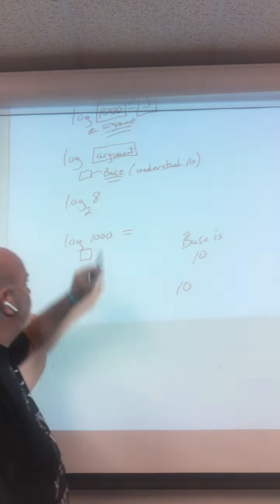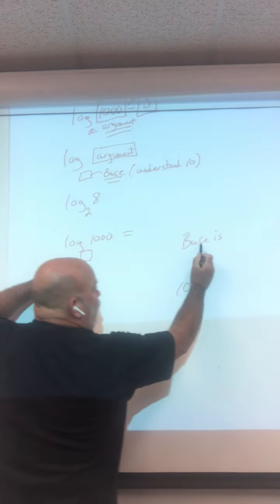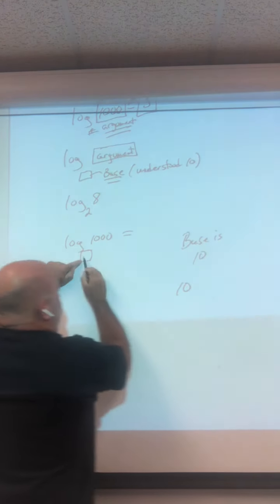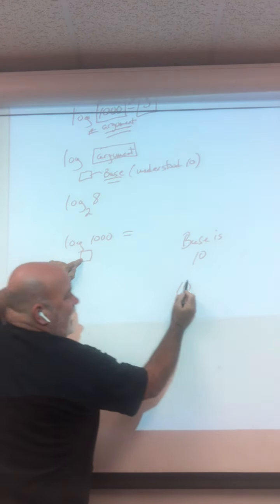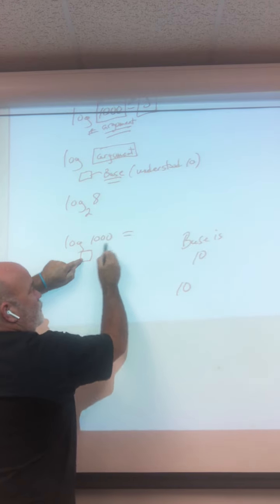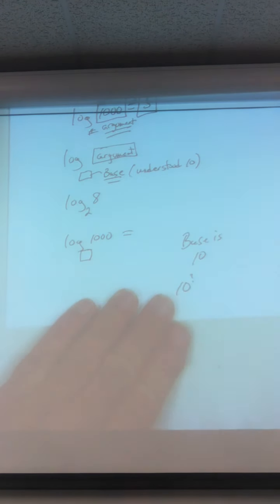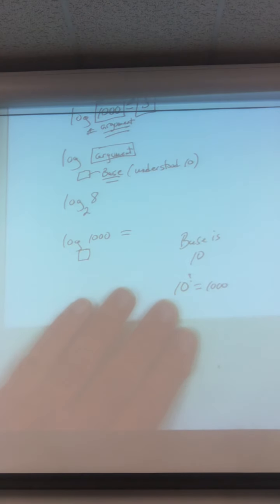Now, let me show you where the 3 comes from. Here's what this problem is asking. If you use base 10, what exponent on 10 would you have to use to get that 1,000? That's what we're looking for. If you use base 10, what exponent would you have to use to get the 1,000?